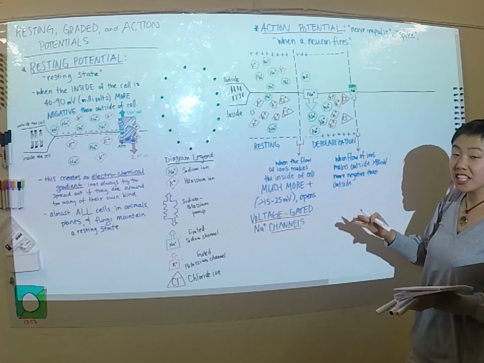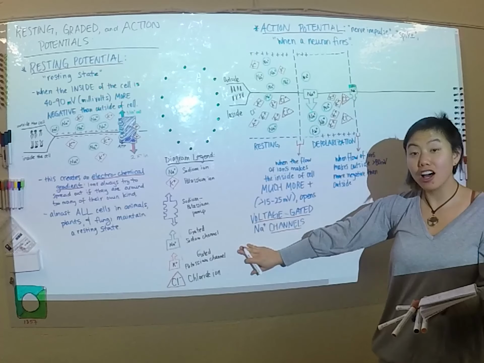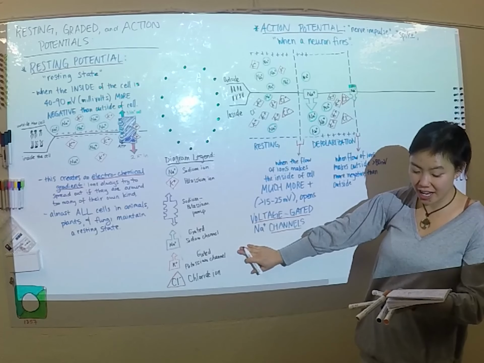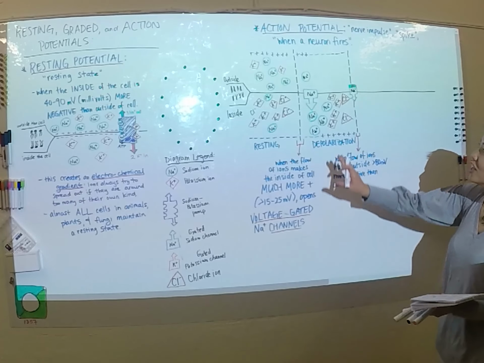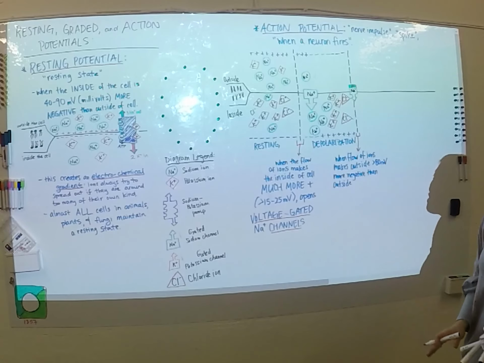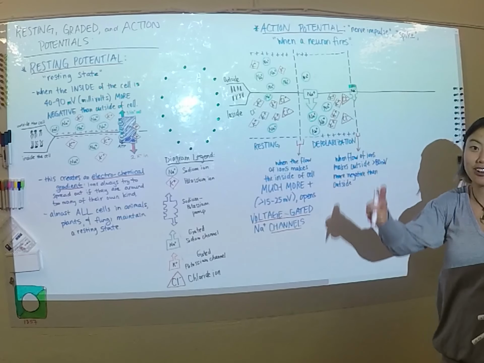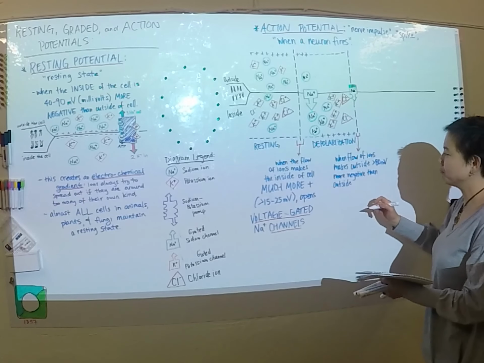This change in the electrical potential then opens our other voltage-gated channel, the potassium channels. And now it's so positive and crowded inside the cell that the potassium's just like, get me out of here, okay? So the potassium is going to rush out of the cell.